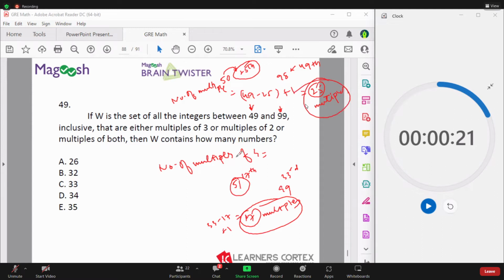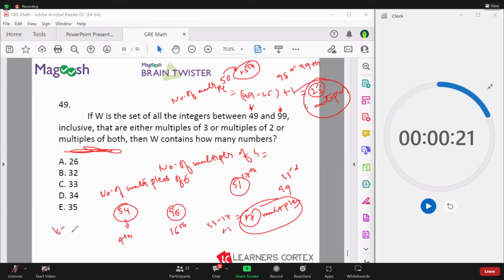Now the thing is, in this set, the multiples of 6 have also been included, because it is saying multiples of both. So we'll first take out the number of multiples of 6. 54 will be the first multiple starting from 49 and 96 will be the last. Now 54 is the 9th multiple of 6, and 96 is the 16th multiple of 6.